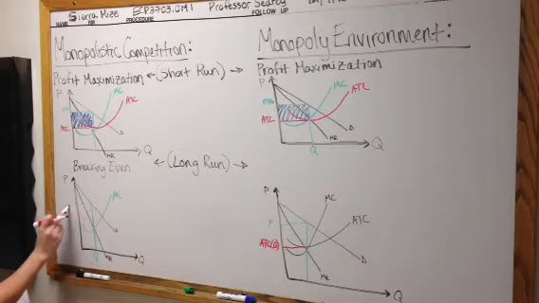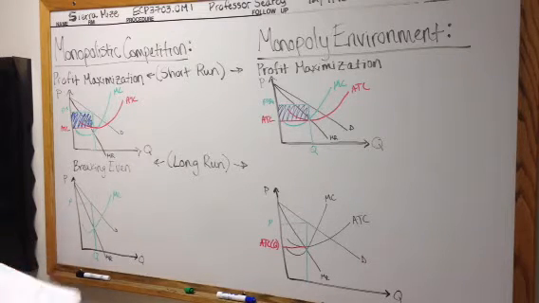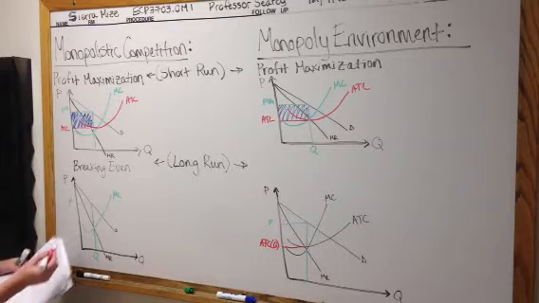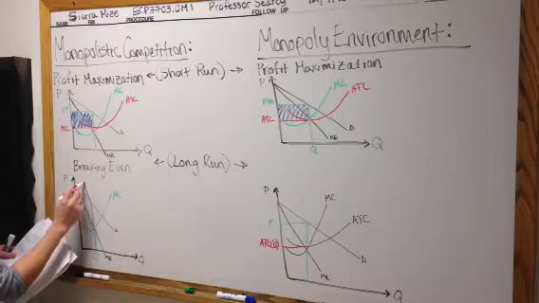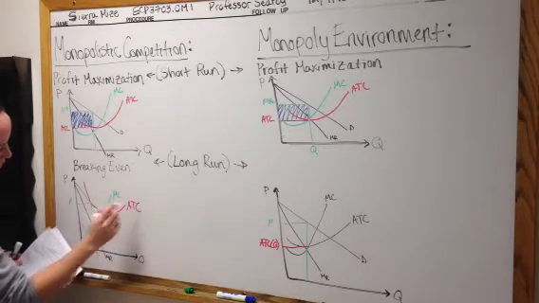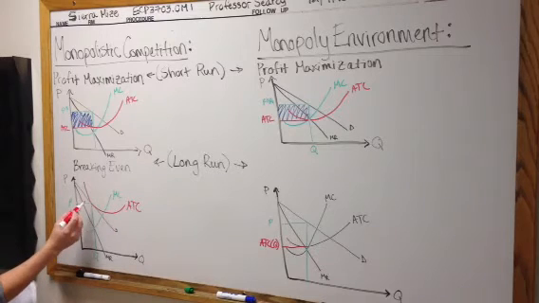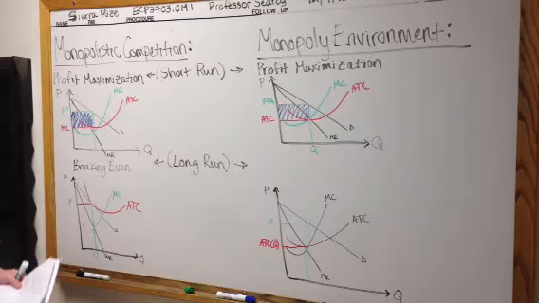Bring that over. There's your price. However, because it's in the long run, your average total cost line is actually going to intersect right at that point. Average total cost. So here your average total cost would equal the price. So you're breaking even.